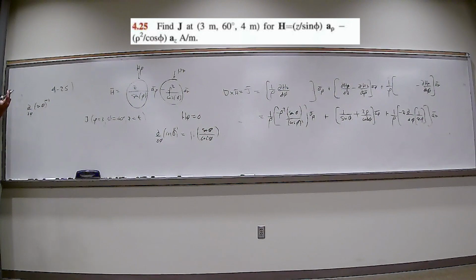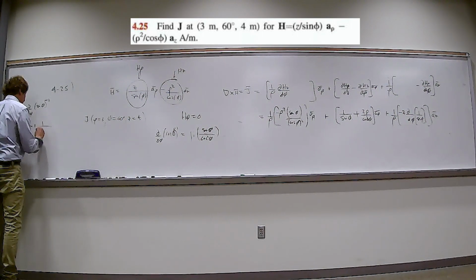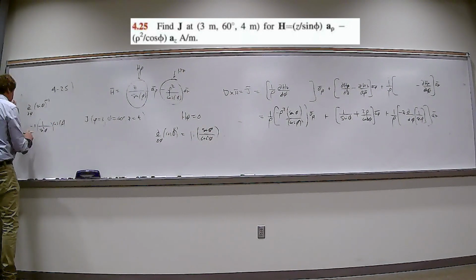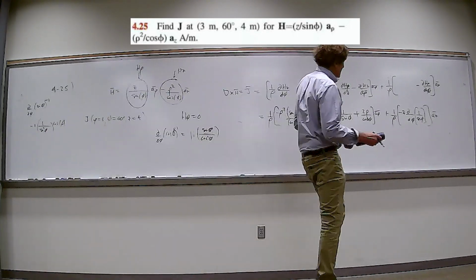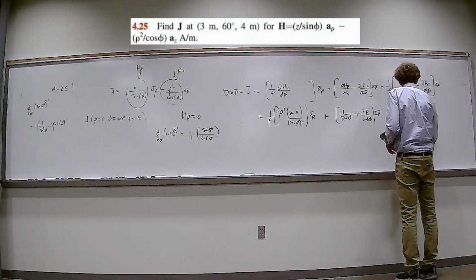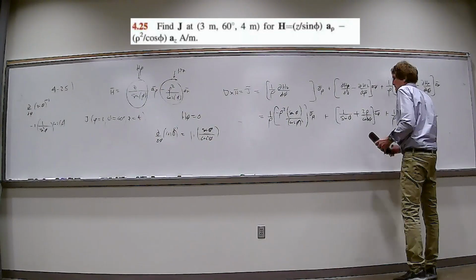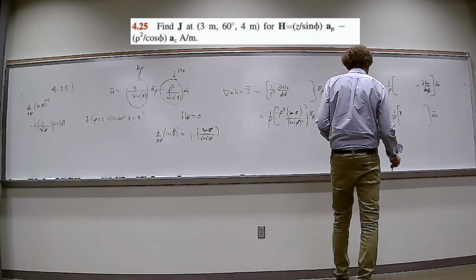If you don't know the derivative of a cosecant, you can do it this way. So you get minus 1 over the sine squared of phi. Then the derivative of sine is cosine of phi, right? There's a minus sign, I can get rid of that. So I still have z here, and then I have cosine phi over sine squared.